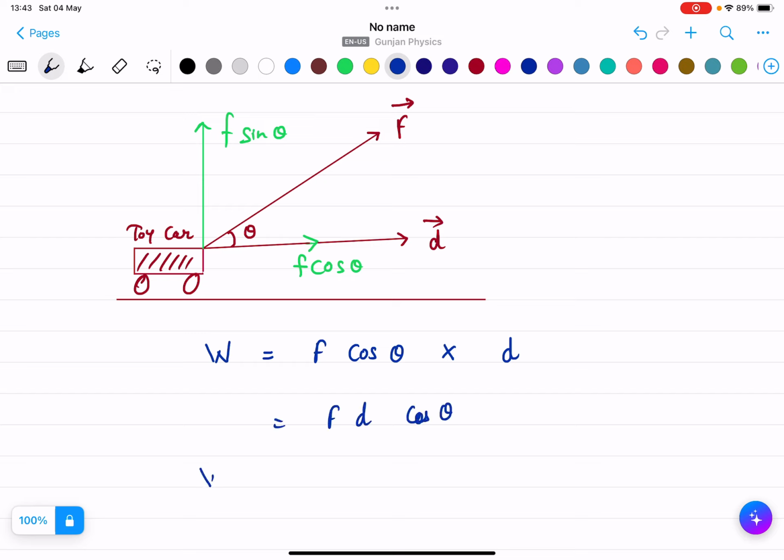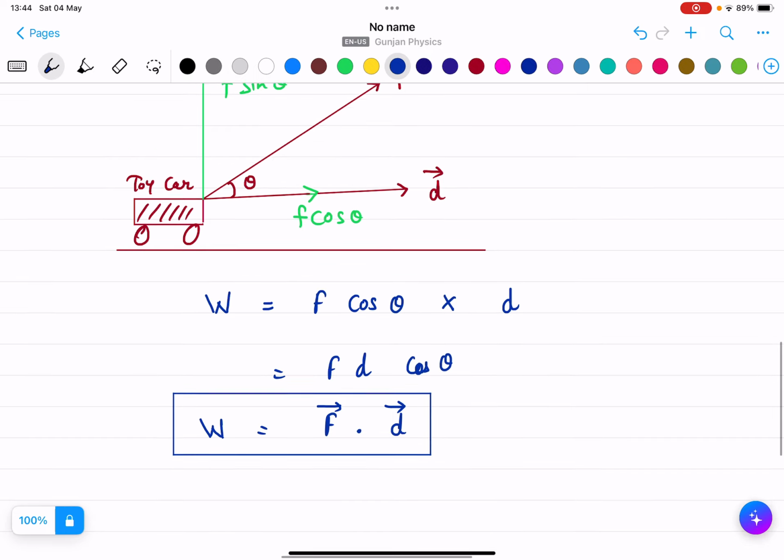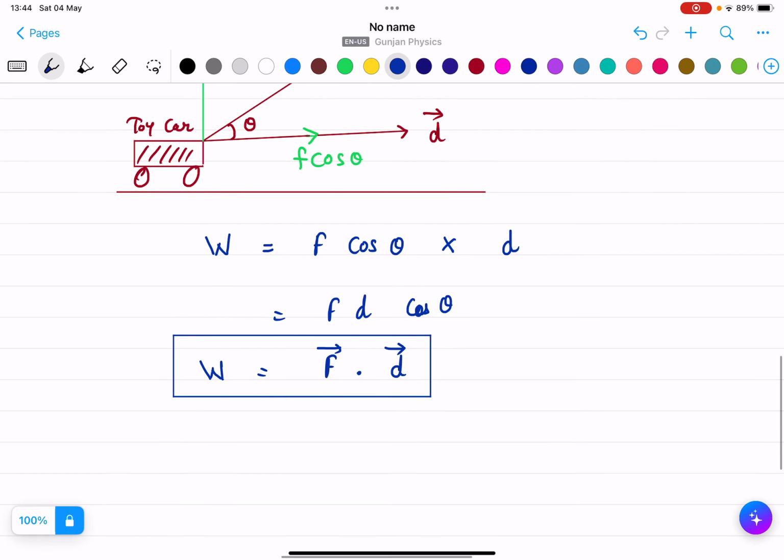If I remove cos theta, it is a dot product of displacement and force. So I can say it is a dot product of force and displacement.